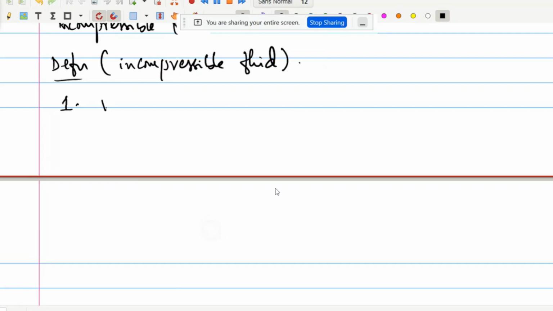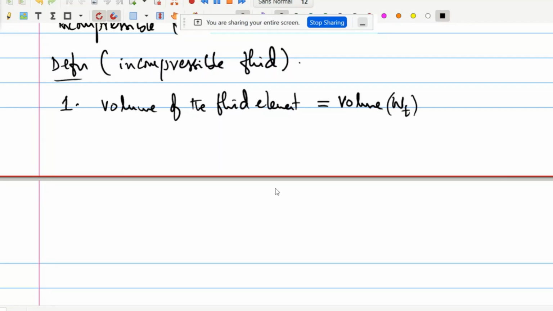Volume of the fluid element, that is in your language, whatever we have done so far, W(t), is constant in time.